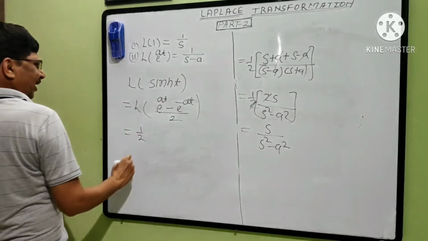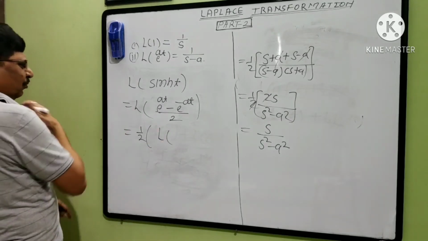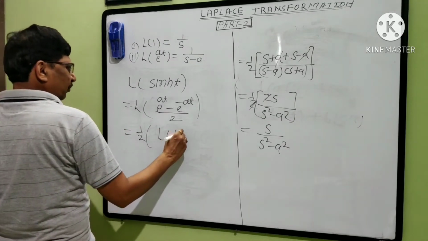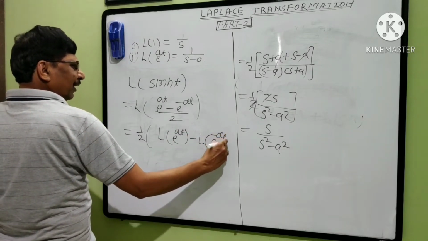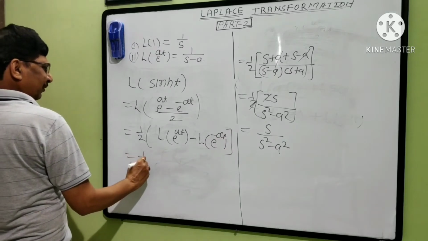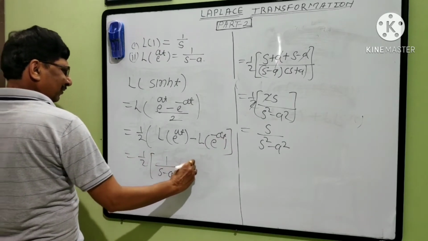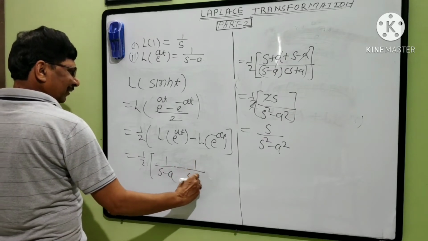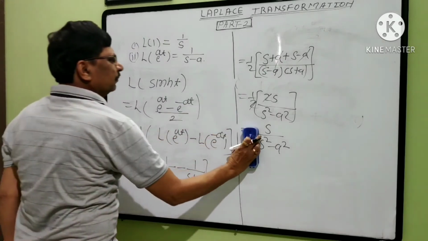Again take this half outside the Laplace transformation, by linear property: Laplace transformation of e raised to at minus Laplace transformation of e raised to minus at. This is 1 upon s minus a minus 1 upon s plus a. Now simplify this.